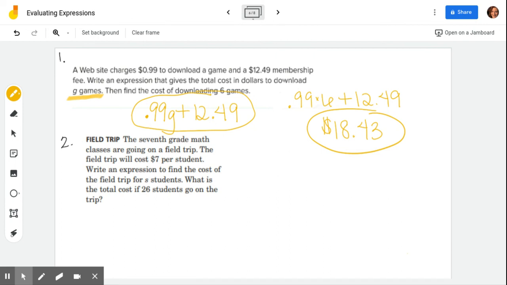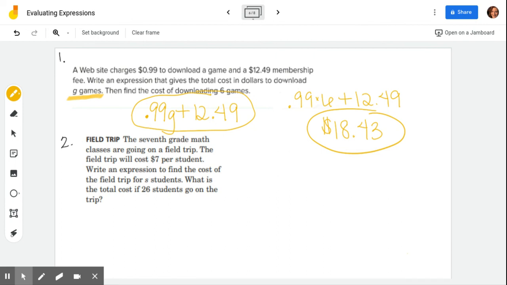So my math problem, the total cost, every student who's going costs us $7. So think of it as like every time a student steps on the bus, you collect their 7. So that's going to happen however many times a student steps on the bus. Right now, we don't know how many students are going.